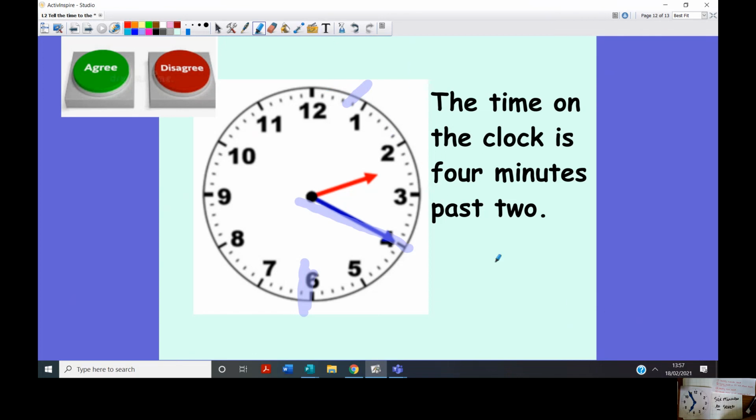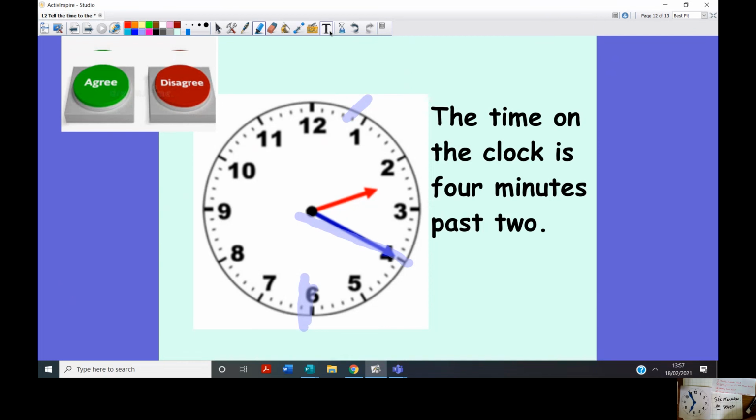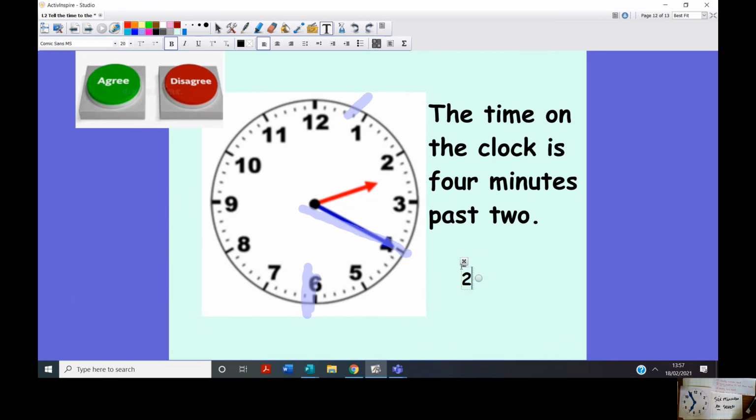It is actually 20 minutes past. And what is the hour? The hour is 2. That bit's correct. You might also get confused which one's your minute hand and your hour hand. Remember, always your hour hand is going to be the shorter hand.